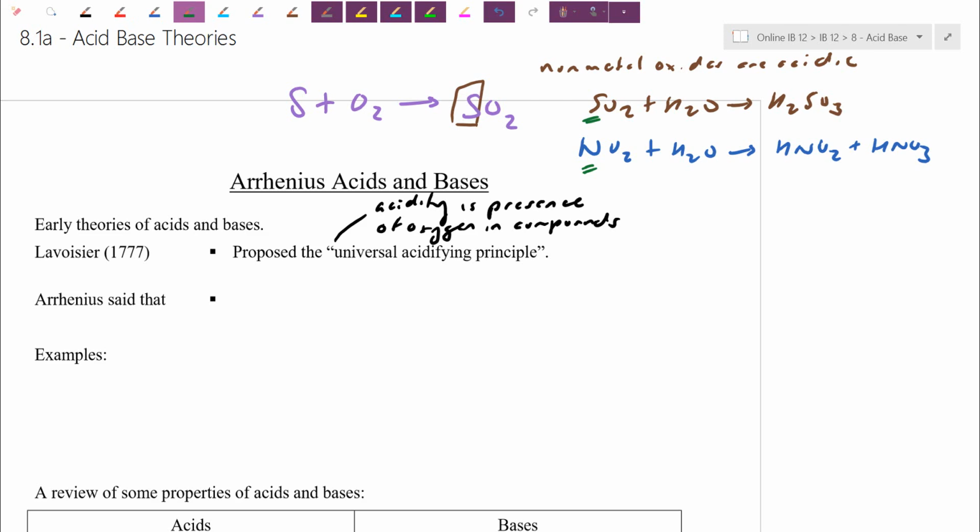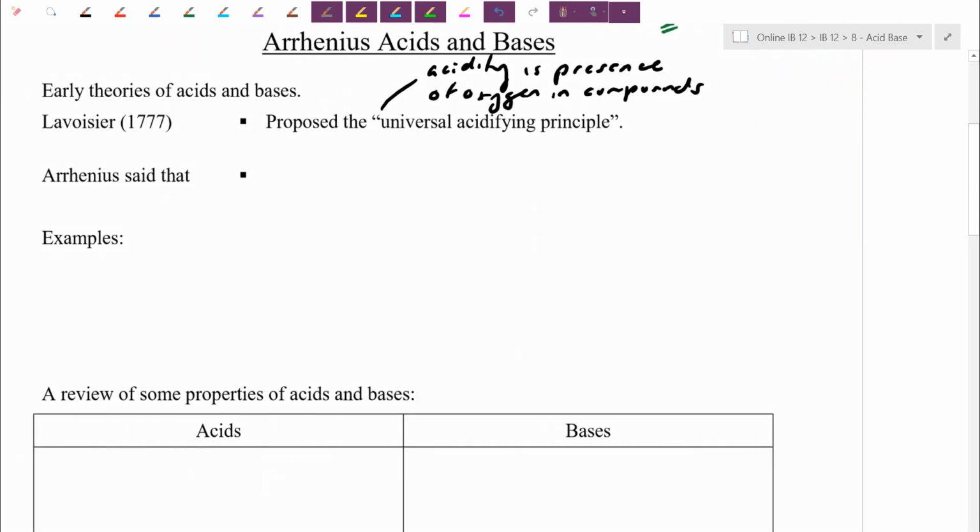For Arrhenius here, I think a couple decades later, he qualified it a little bit. It's actually not so important about the oxygen in the compound. What's actually the characteristic acid particle is actually an H+. So this is probably the definition that we're familiar with. So an Arrhenius acid is defined as a species.